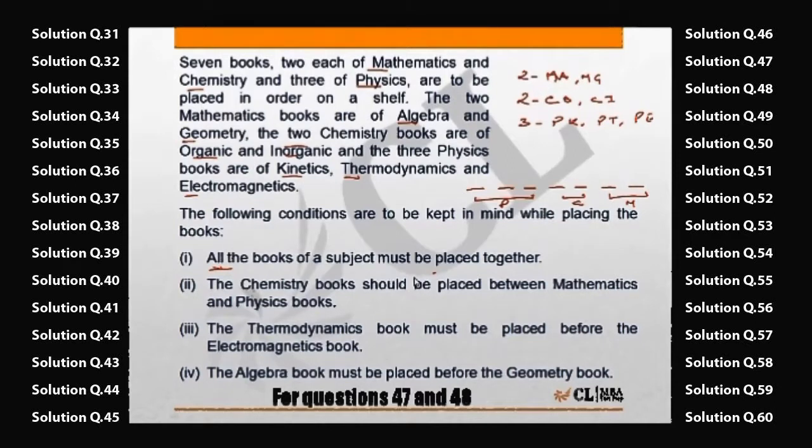The other arrangement which is possible is physics at the end, the last 3 physics, chemistry in the middle and maths on this end. So there are 2 possible combinations because all books have to be together. Within each of these, how the 3 physics books or 2 chemistry or 2 math books are arranged is a separate issue. But at this point of time, there are 2 broad arrangements which are possible.